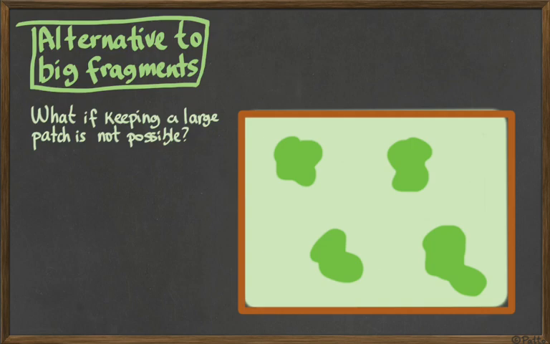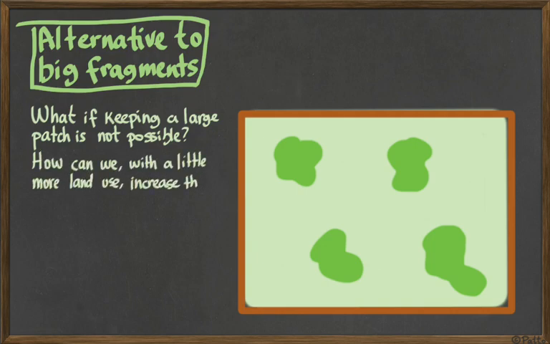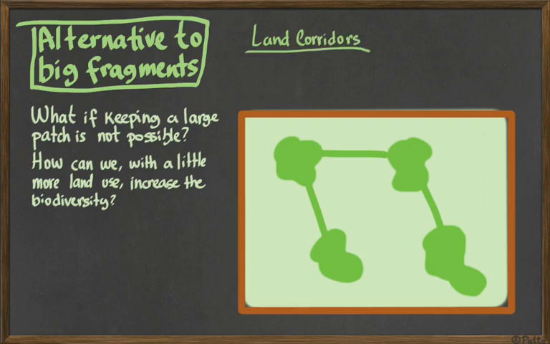One alternative is keeping many small patches. It might be a problem because they are isolated, they are going to have a smaller biodiversity, but what if we can, using a little bit more land, increase the biodiversity? And the idea for that is building land corridors.